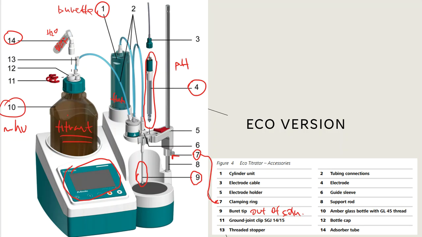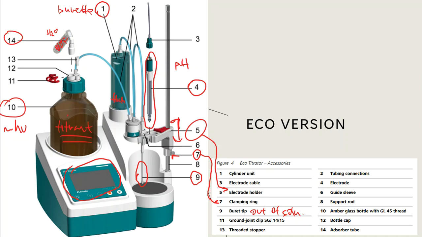And what happens is that this slider will go up and down. So the slider is at number 5. That's called the electrode holder. And you push that red button and you can slide up and down that bar. And number 7, which is the clamping ring, is the safety feature.